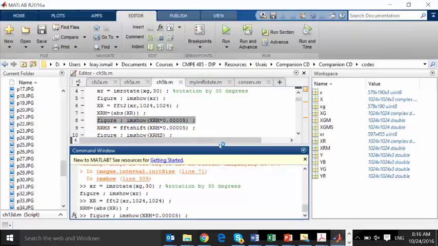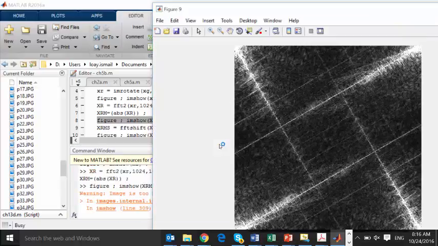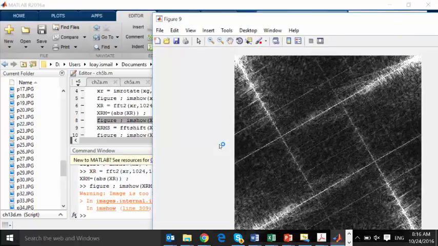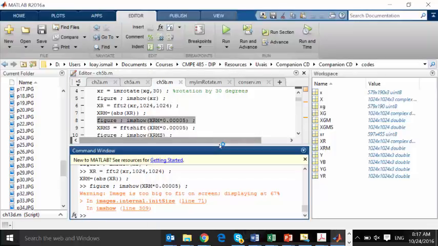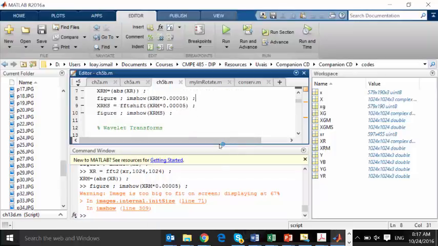This is the result before making the shift, before making the FFT shift. So it will be something like this. As you can see, any spatial transformation, especially a rotation, will affect the resulting Fourier transform. And of course here, in order to make things easier, we will do the shift and display the shifted image.